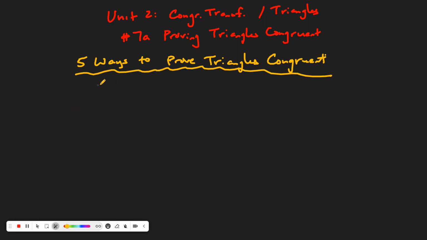Those 5 ways are side, side, side, 3 sides congruent; side, angle, side, 2 sides congruent and the angle between those; angle, side, angle, 2 angles congruent and the side between them; angle, angle, side, 2 angles and a side not between the 2 angles. And then for our right triangle friends, we have HL, which is hypotenuse and leg.